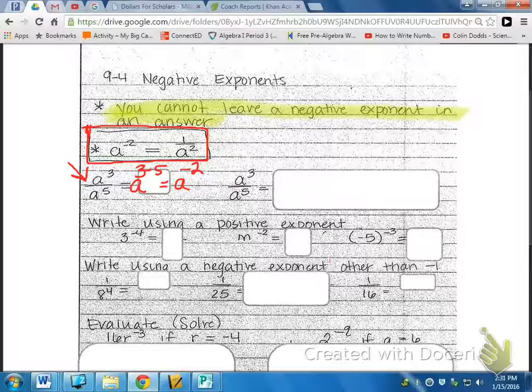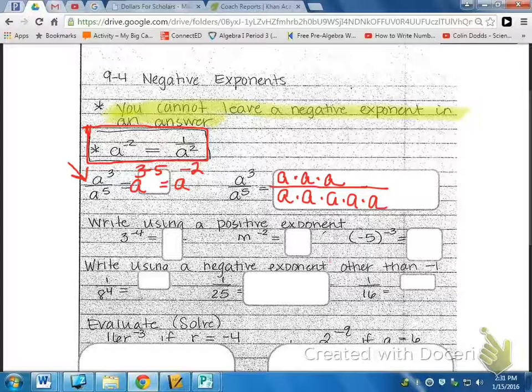But let's look at it another way. If I have a to the third over a to the fifth, I'm going to expand this to a product. A to the third is a times a times a. And a to the fifth is a times a times a with a couple more. Anytime you have a fraction and there's common factors from the top to bottom, what are we supposed to do with that?